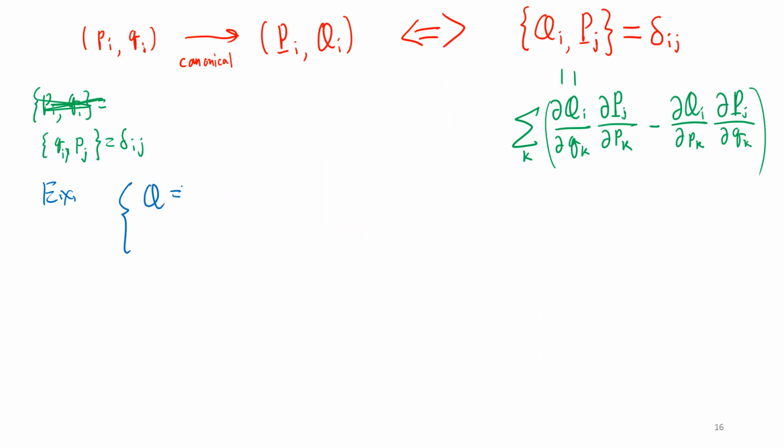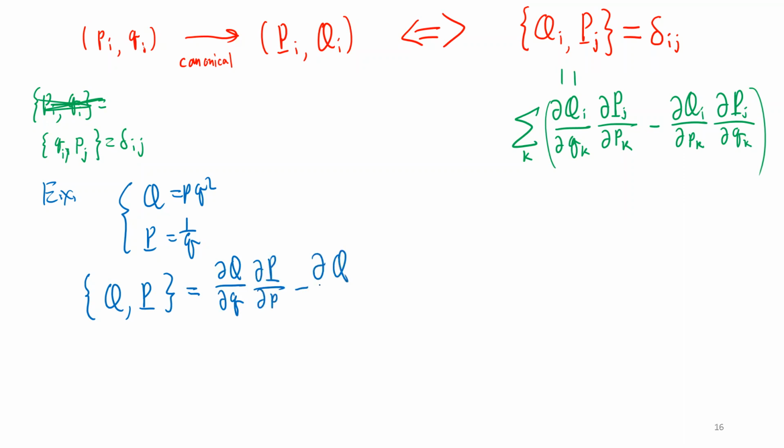What we had previously, this one, the Poisson bracket of this and this: partial capital Q, partial small q.